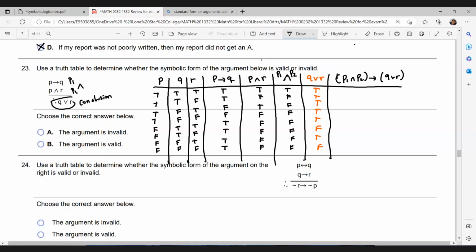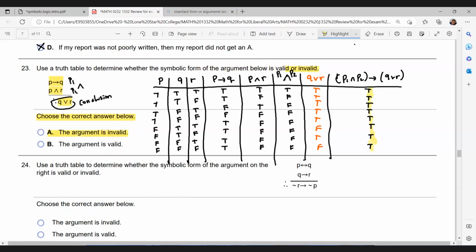So let's see. Now again, we're connecting this column with this column using a conditional. And so that will be true. This will be true. This will be true. This will be true. This will be true. This will be true. This will be true. And this will be true. So what I'm concerned with is look at the fact that each one of these values is true, regardless of whatever happened here.